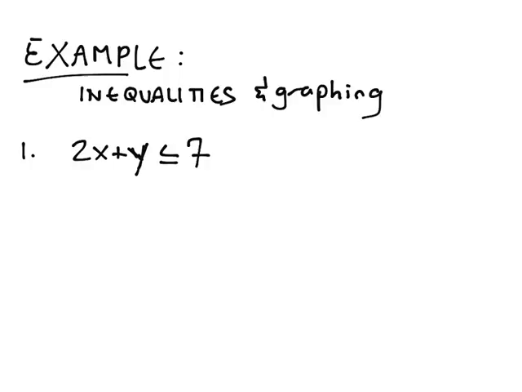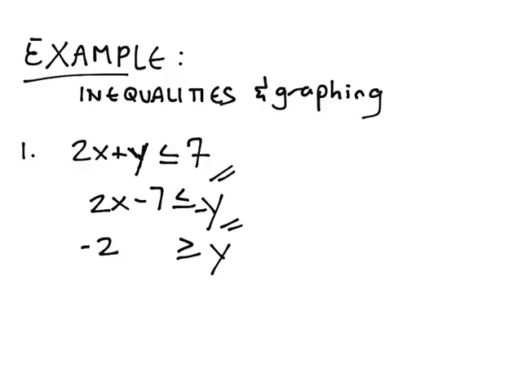Alright, let's go over the solution. We will try to transform this inequality into something similar to the equations of a line that we found. So, if we subtract 7 from both sides and then y from both sides, we have 2x minus 7 is less than or equal to negative y, and we want y to be positive, so we divide by -1, and that flips the sign.